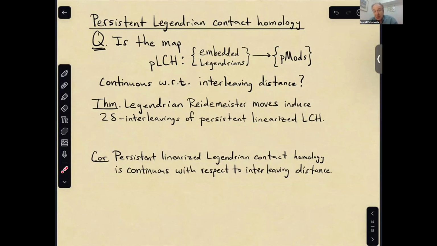So in principle, we can make quite a large deformation. And I think that this LCH persistence model, in some sense, is continuous when you have interleaving distance on modules and Shelukhin-Hofer distance on Legendrians. But again, I don't know it off the top of my head. But you certainly have to check this.